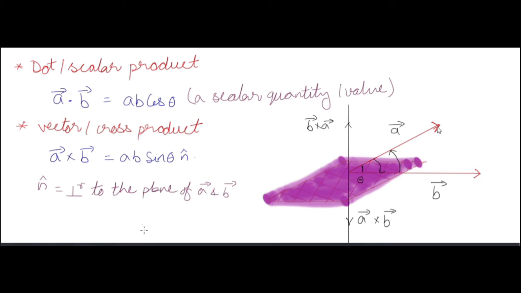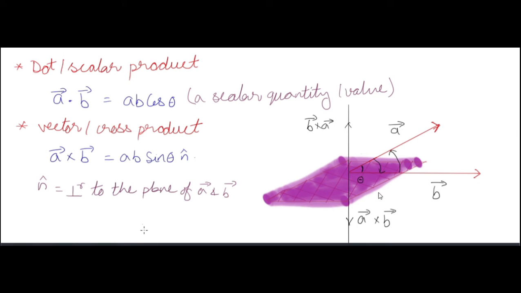Don't draw the vectors going into the center. If you are doing the cross product, you must put the vectors so that they are going away. So both a and b are going away.